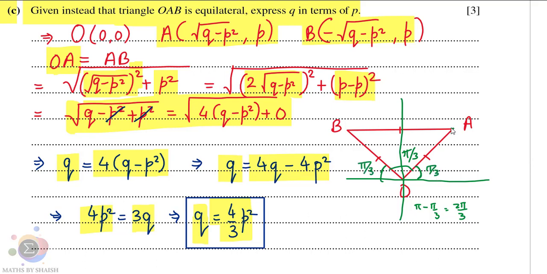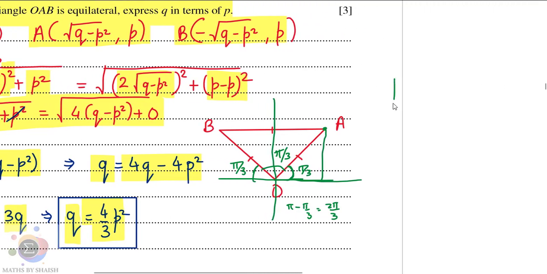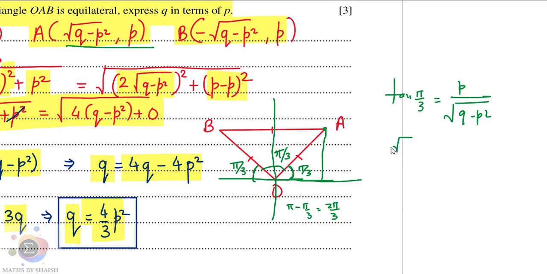So if we talk about point A, then its argument is pi by 3. So we use the argument formula here. Tan pi by 3 has to be y by x, and for this y is p and x is root of q minus p square. So tan pi by 3 is root 3, equals p over root of q minus p square.